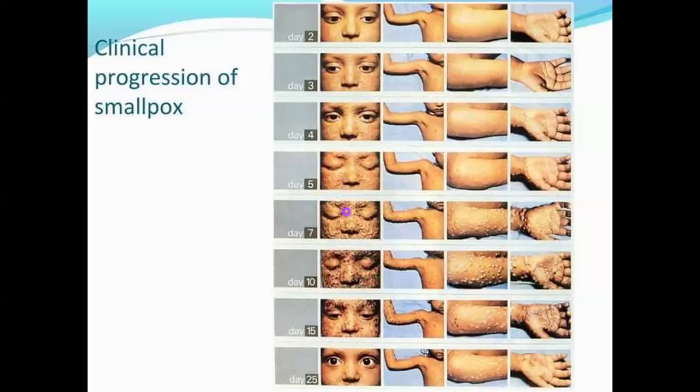Then they become vesicles, as you can see here. Then scabs. Then as your body fights it, you can see the skin returning to normal. So the progression is macules, then papules, then vesicles, then scabs.